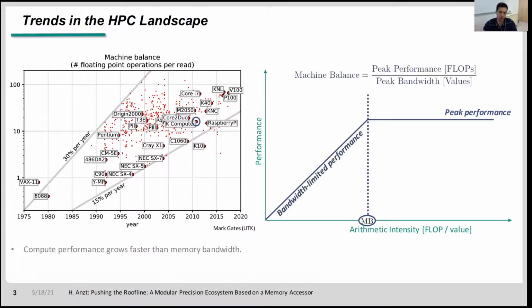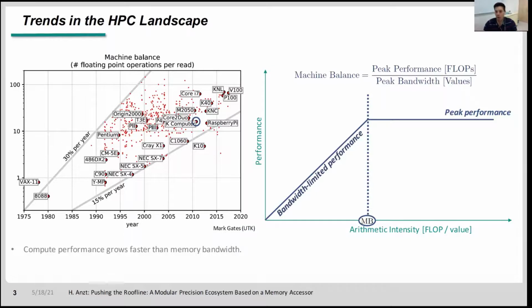If we now pick a certain processor, we can derive a roofline performance model. And this is maybe something different to what you usually see of how roofline performance models are derived. On the x-axis, I put down the arithmetic intensity in terms of flops per data access, and on the y-axis, you then see the performance.